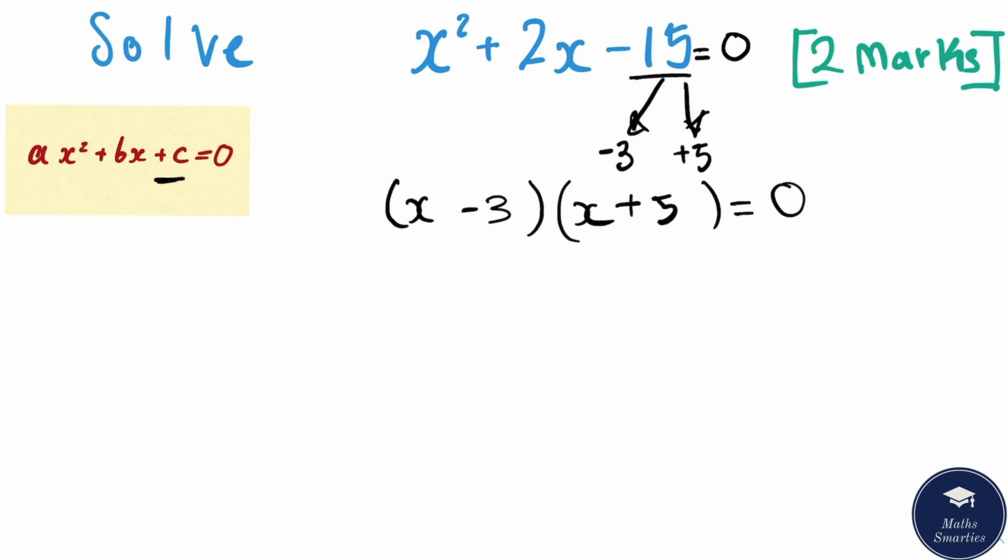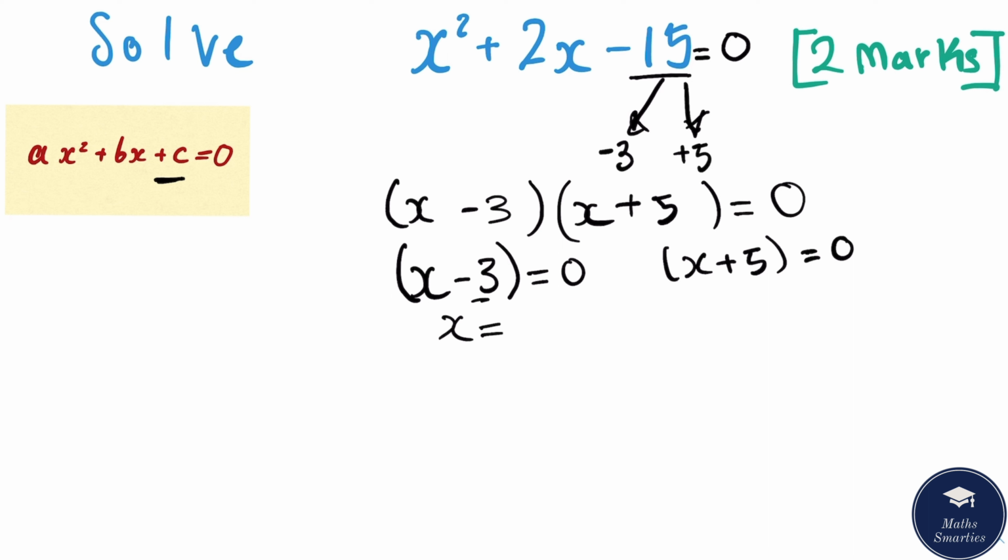Did we finish? No, because we need to write the answer. What's x? x minus 3 equals 0, and x plus 5 also equals 0. Now, to get the x on one side, we need to add 3 on both sides, which means x is 3.